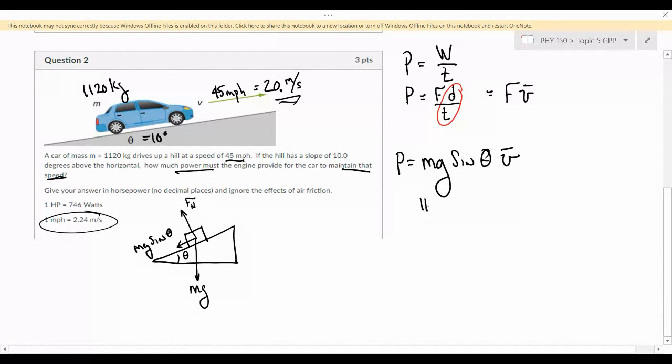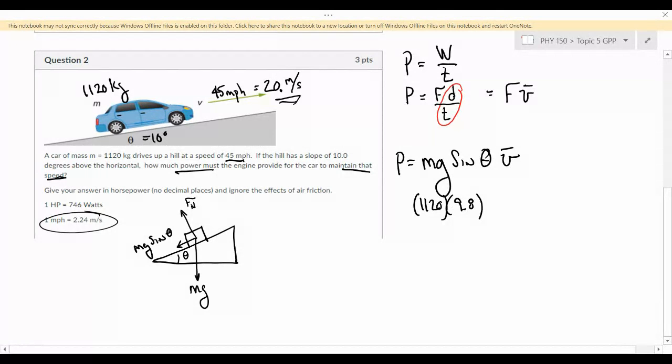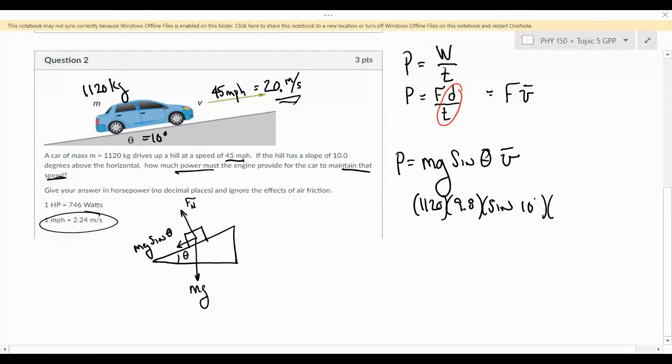We've got 1120, and of course, you can play along with the home version of the game if you're checking this, working along with me, or if you're just checking how to do it. Hopefully you've done this. Sine of 10 degrees times our velocity of 20. Let me crank that out.